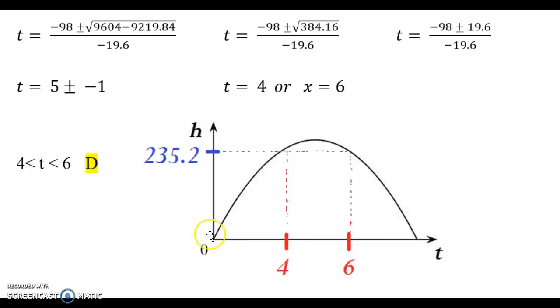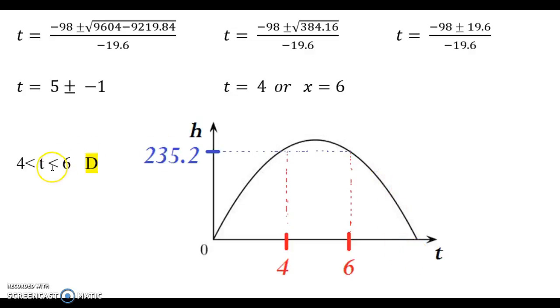So as we move to the right, time's passing, the rocket's going higher and higher and higher. And at 4 seconds, it's reached 235.2. So anytime over 4 seconds, it's above that height, then it starts to come back down. And once it's reached 6 seconds, it's back down to 235.2 again.